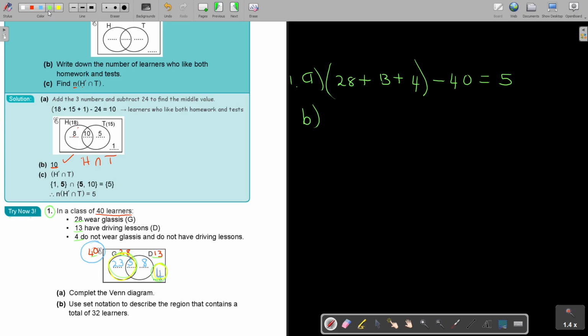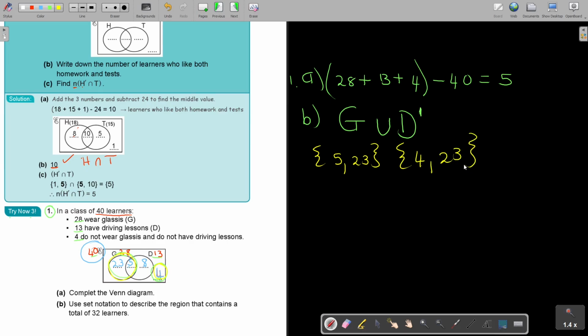So I think I will just say G. I know it's G, and I will say the union with, and what will this one be? This one will be D's complement. If I cover D, it's that one. So let's check to see if I'm correct. What is G? It was 5 and 23. What is D's complement? It's 4 and 23.